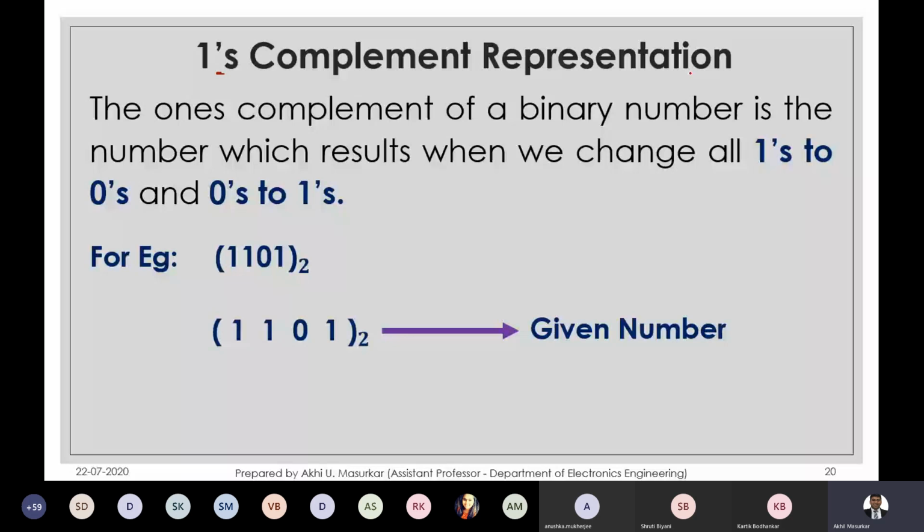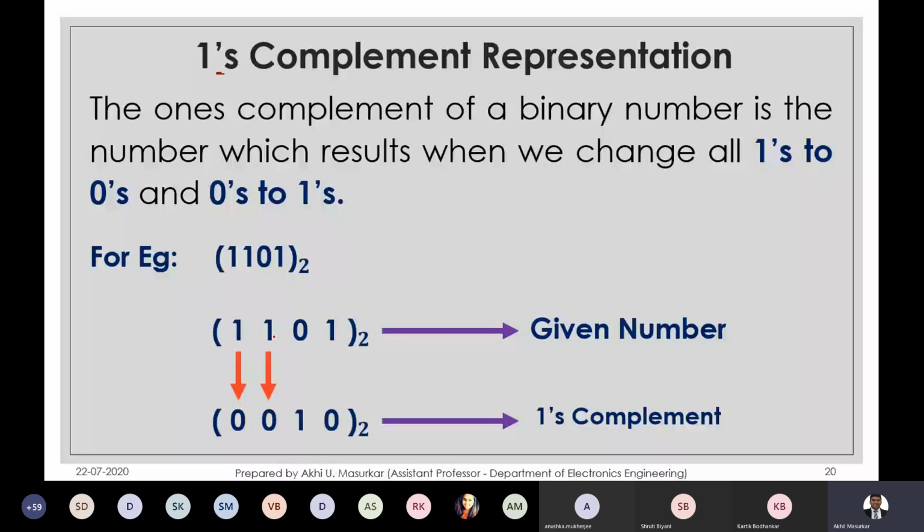Ones complement would be that 1 becomes 0. If it is 1 here, it becomes 0. Again, if it is 1, it becomes 0. If it is 0, it becomes 1. And if it is 1, it becomes 0. Now, though this is called ones complement, actually in digital design, we always say take the complement of the number.